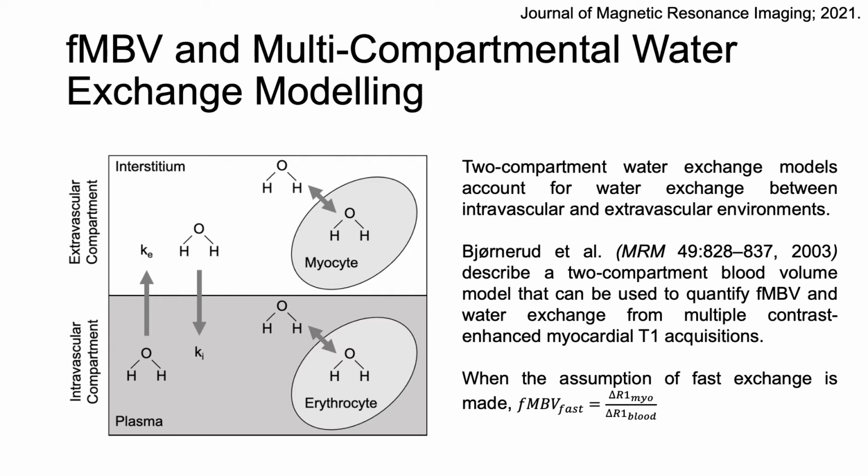As a special case, when the exchange rate of water is sufficiently fast, the two-compartment model can be simplified to the expression here, and fractional blood volume can be approximated as the ratio of the change in R1 of the tissue and blood pool.